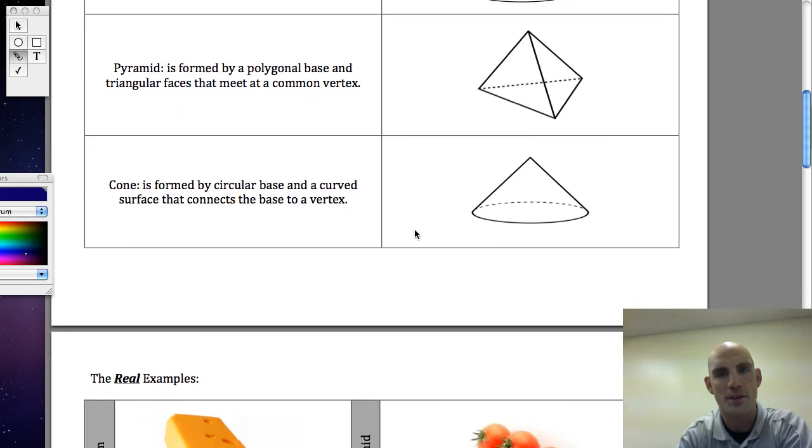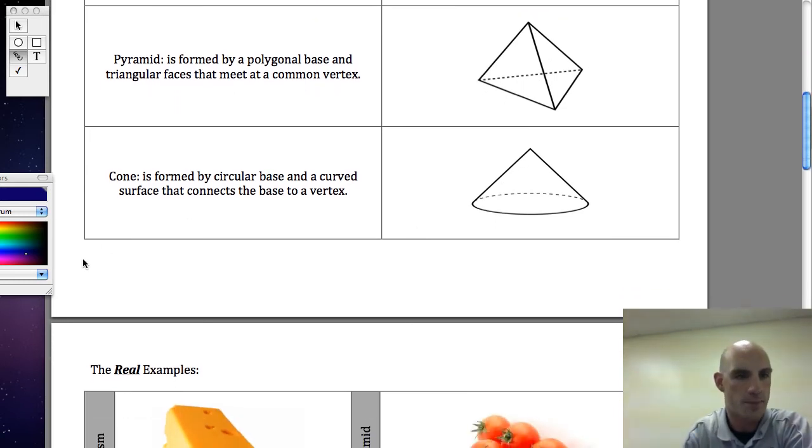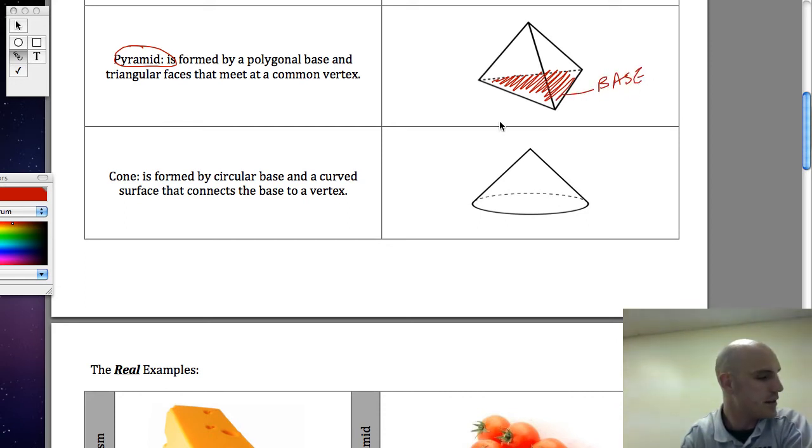When I think of a pyramid, we're thinking like the Great Pyramid of Giza. Alright, and so a pyramid is formed by a polygonal base. So this, in this case, is the base. Okay, and so with this polygon at the bottom, that's the base. Well, the triangular faces, which are the sides, meet at a common vertex. So this is where they all meet up. This is the vertex.